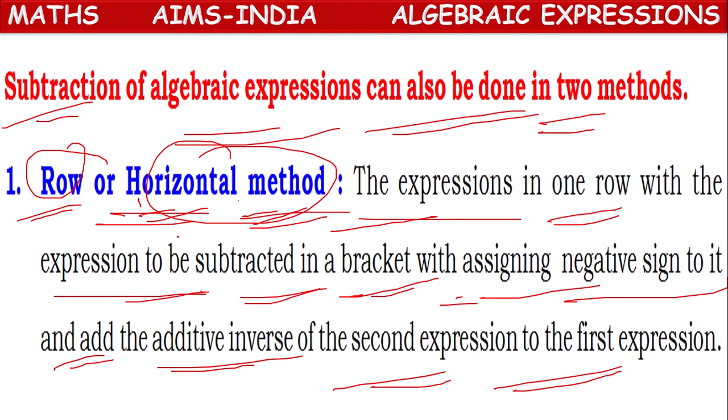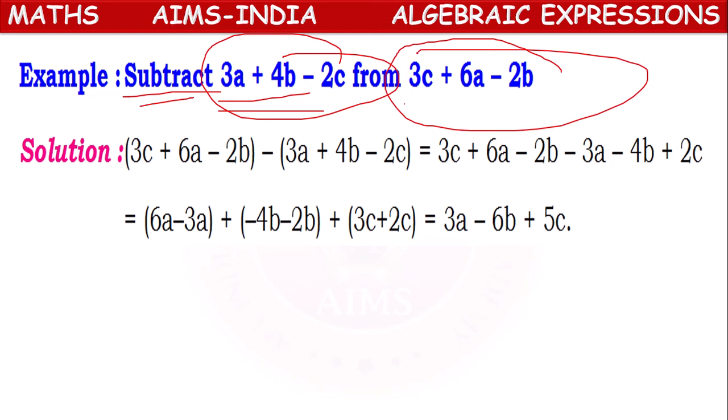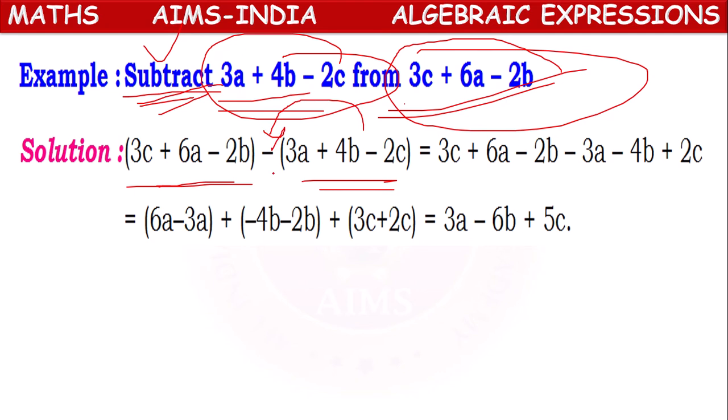Let's try to understand with one example. In the row method, if you want to subtract this expression from this expression, the first is to be written first, and the expression which is to be subtracted is kept in brackets with the negative sign in front of it, which means we are subtracting it from the first one.